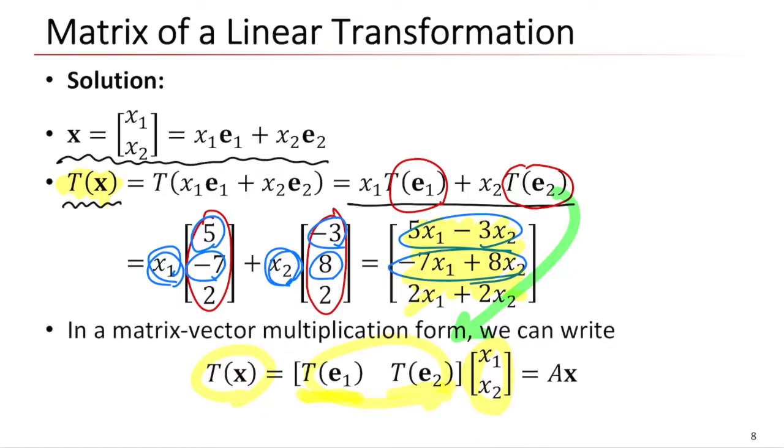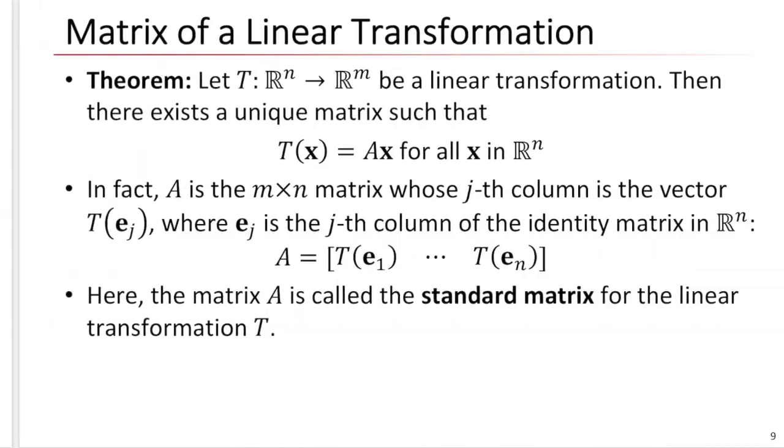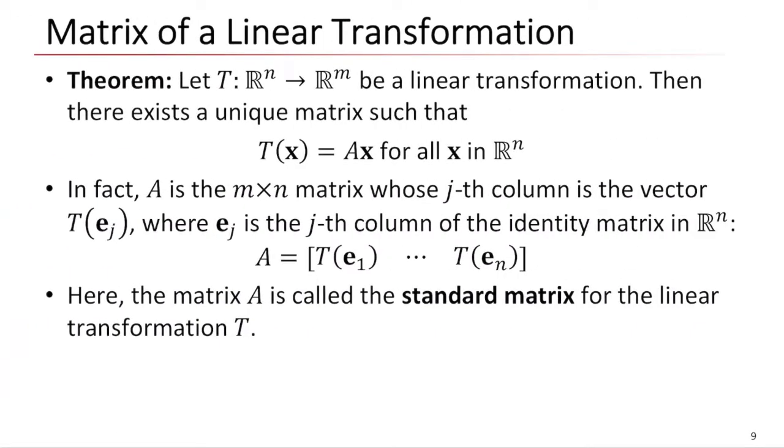It will be some matrix A, and it will be x. So we can say that the transformation of vector x is going to be equal to A times x. Okay. So from this example, we have a new theorem.